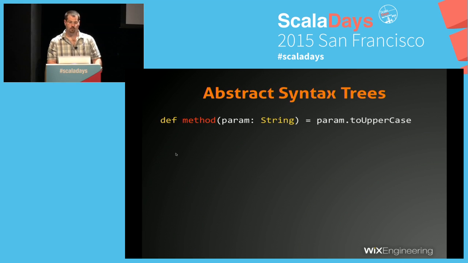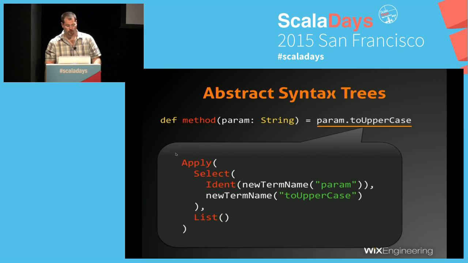So each part of this expression is its own tree. If we focus, for instance, on the result of the computation, param.toUpperCase, what the compiler actually sees, what it parses that expression into, is an Apply node. And an Apply node is, as its name implies, there's some object, and you apply a function that exists within the context of that object onto a set of parameters.